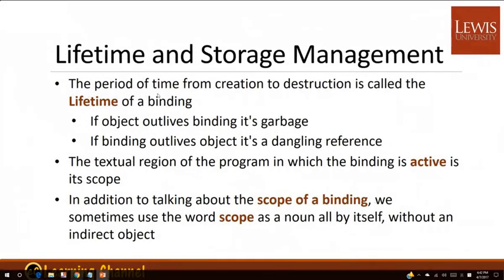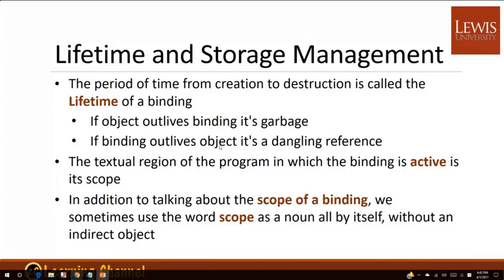The period of time from creation to destruction is called the lifetime of a binding. If an object outlives its binding, it's garbage. So if your object is still there but your reference has been abandoned, then that object becomes garbage. An object that nobody references is garbage.